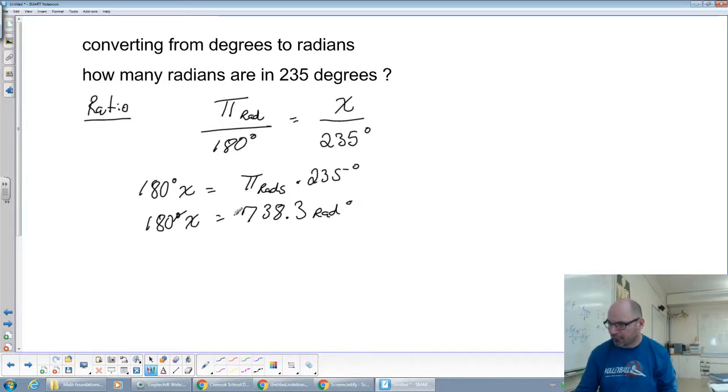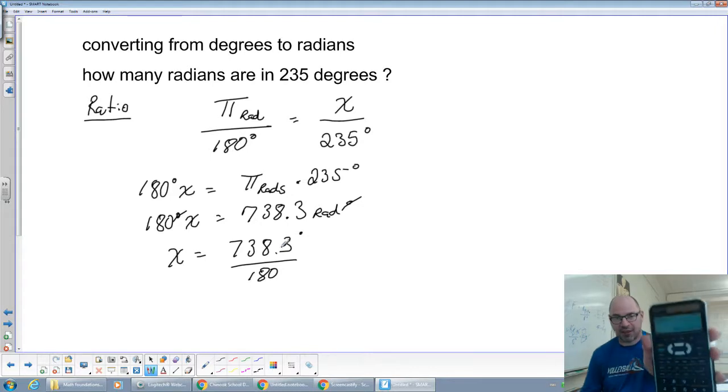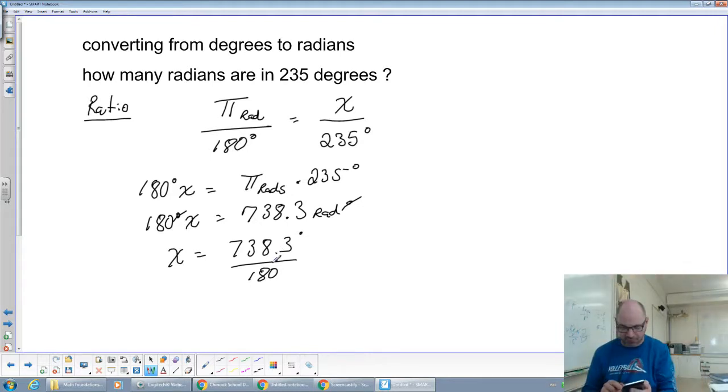So the degrees are going to cancel out this time when we divide by 180. 738.3 divided by 180, I just leave that on my calculator and type in divide by 180, and I get 4.1 radians. Sorry, this is rads because we canceled the degrees out. Sorry about that. This is 4.1 radians.